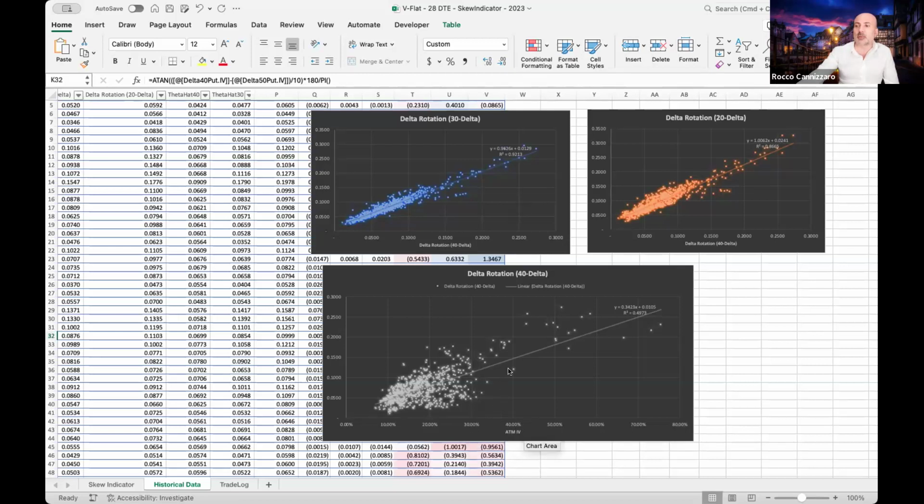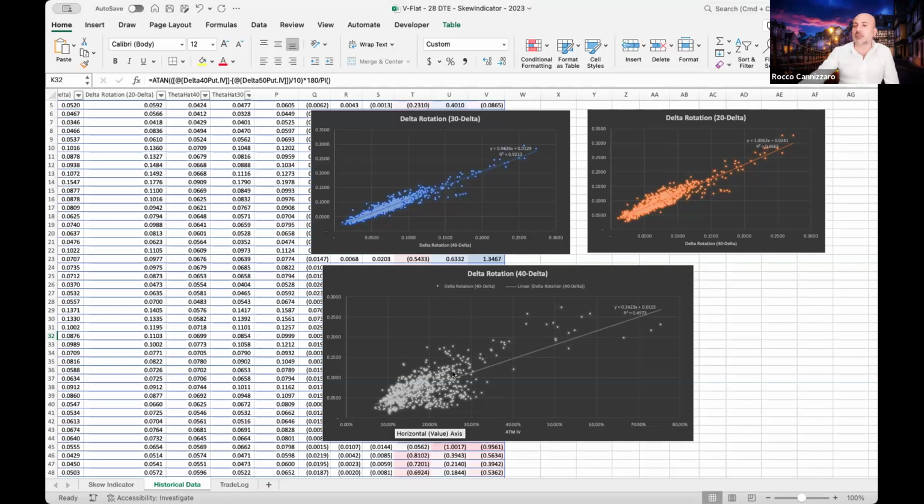So this is telling me, for example, that for this particular dot, when the at-the-money implied volatility was 40%, the rotation of the angle for the 40 delta strike was 0.1197, right? So every single dot represents a pair of at-the-money volatility and the rotation of the angle.